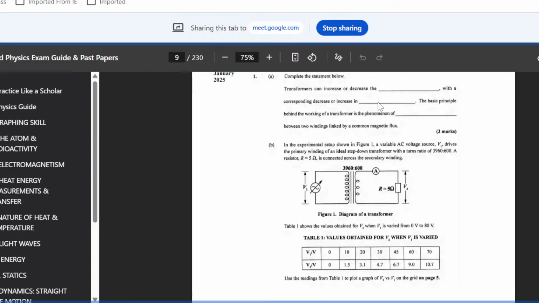Current, or the number of turns? Which one is it? With a corresponding decrease or increase in number of turns.